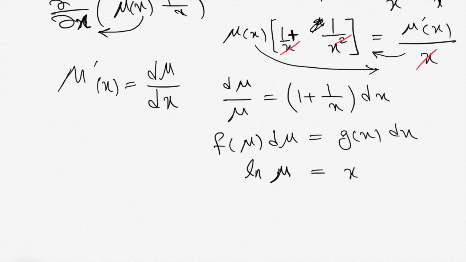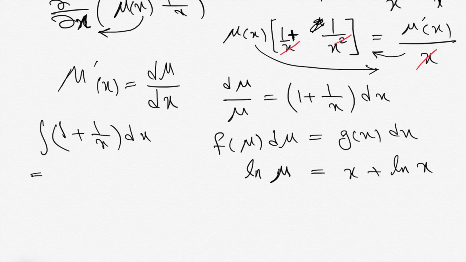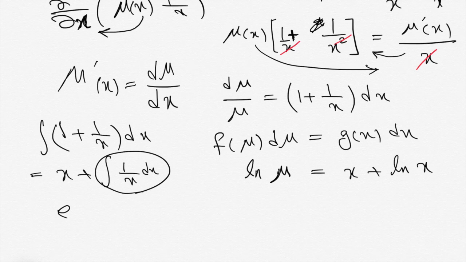It's going to be ln of mu is equal to x plus ln of x, right? Because we have 1 and also we have 1 over x. Let me make it clear here: the integral of 1 over x dx is going to be x plus the antiderivative of 1 over x dx, which is ln of x.